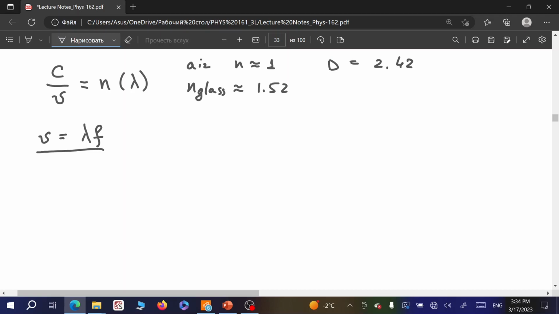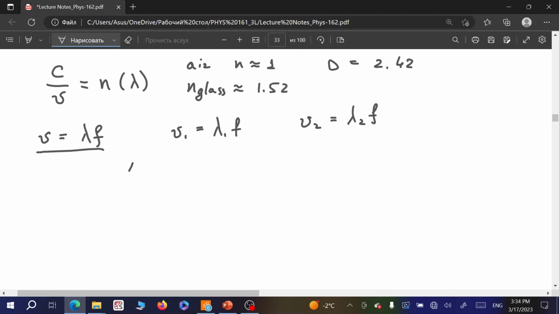Yes. So the thing is that the energy of a photon is h nu. So if it goes from one medium to another, there is no amplification or attenuation, so energy should be conserved. Frequency remains the same, but wavelength is changing. So in this case, we can write that V1 in medium number 1 will be lambda 1 times f, and V2 is equal to lambda 2 times f.